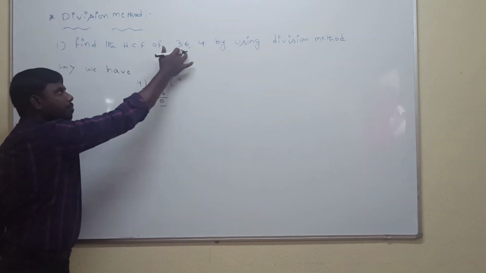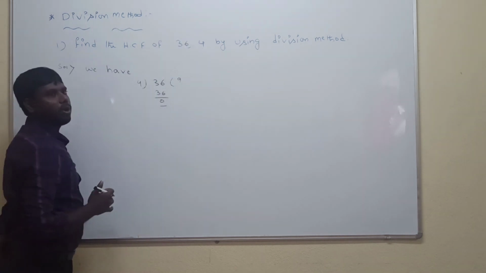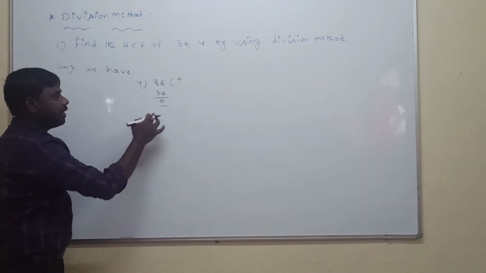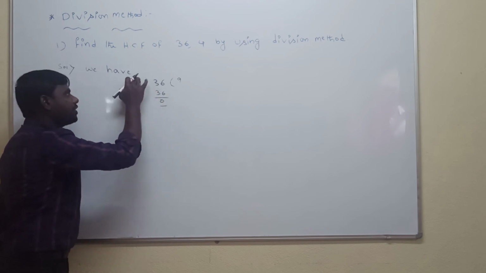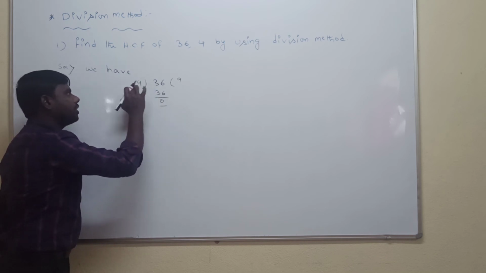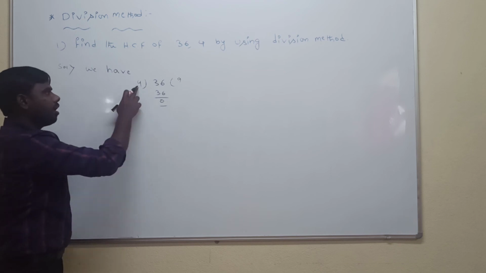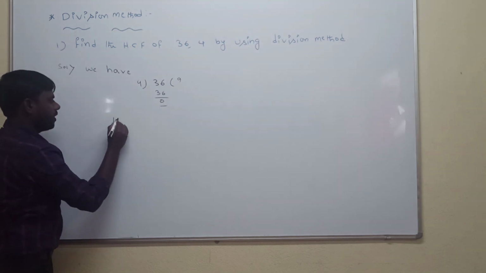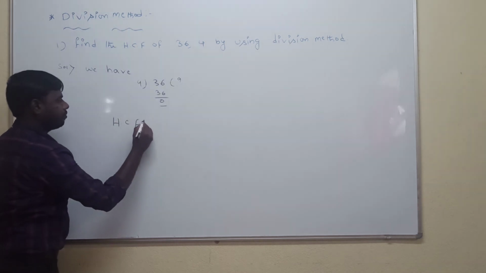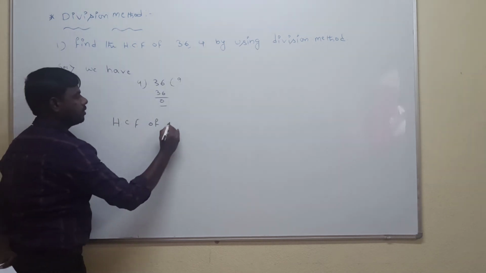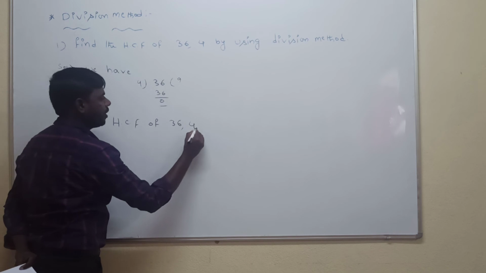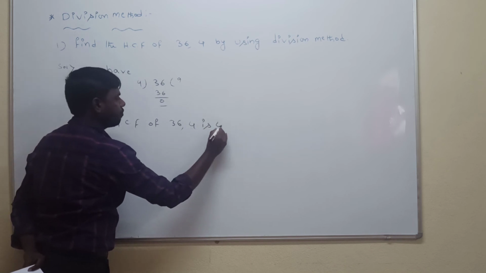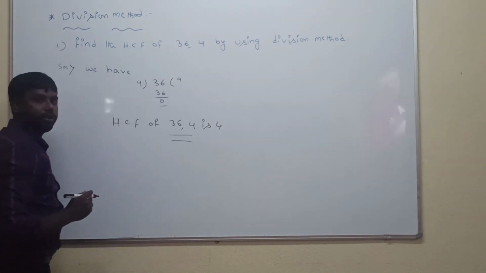What is the last divisor here? The last divisor is 4. So therefore HCF of 36 and 4 is 4. Everyone understood?